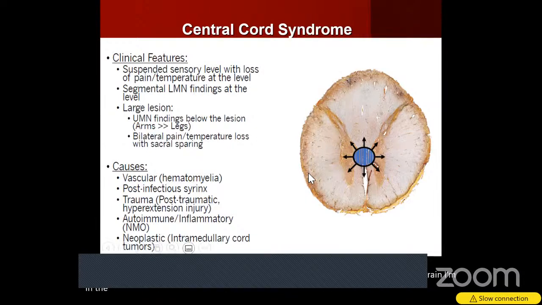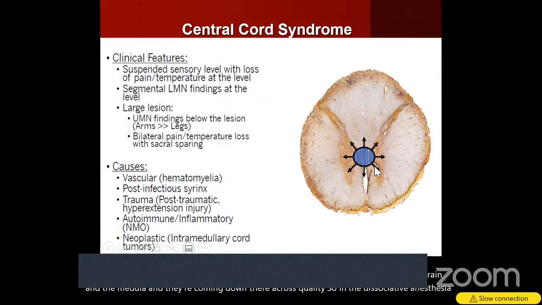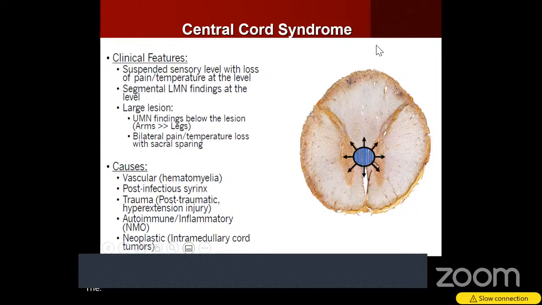So in dissociative anesthesia, if there is a problem here, the pain and temperature sensations are lost because they are crossing in front of the central canal. The posterior column sensations are not lost because they are not crossed, they are ascending ipsilaterally. Is it okay? Is it clear?